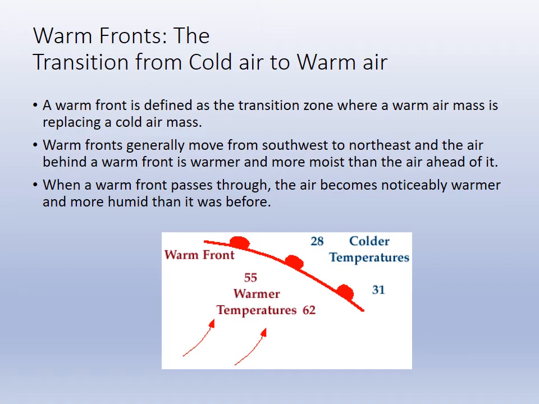So the warm front is when the warm air is pushing on the cooler air and it's rising up above it. So you generally have warmer temperatures associated with an incoming warm front, but you have slow, steady precipitation and then humid weather following.